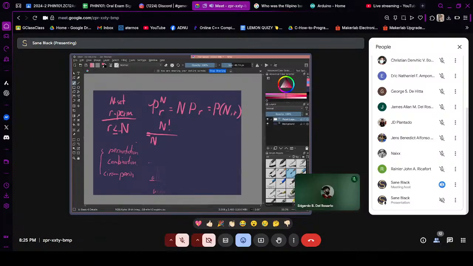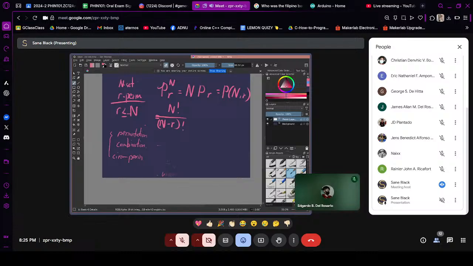I wasn't really focusing too much on the formulas themselves. Okay, so let's just say we have 8 adults.